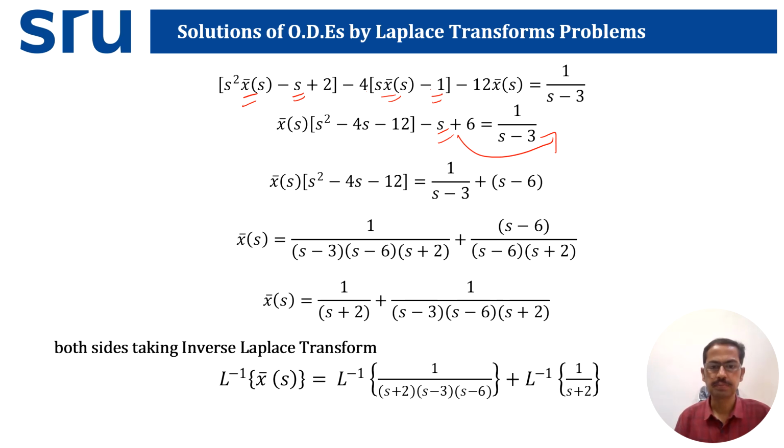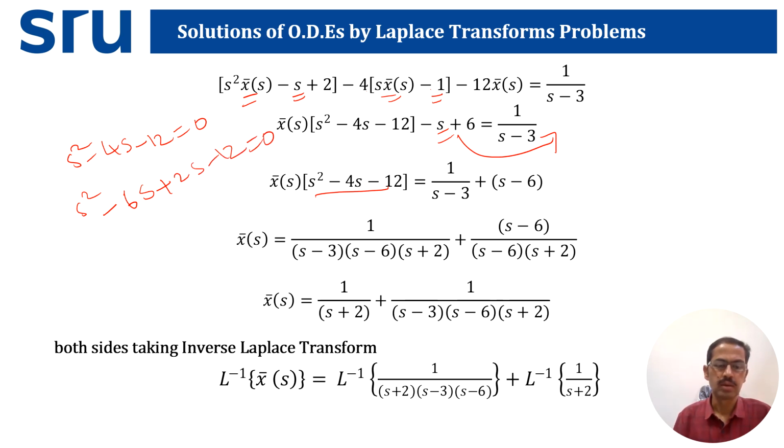Now next is to solve for the roots. So what are the roots here? s square minus 4s minus 12 equal to 0. What are the roots here? We need two numbers whose product is minus 12 and whose sum is minus 4. So write minus 4s as minus 6s plus 2s: s square minus 6s plus 2s minus 12 equal to 0.